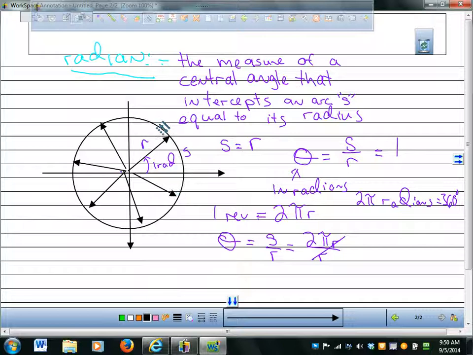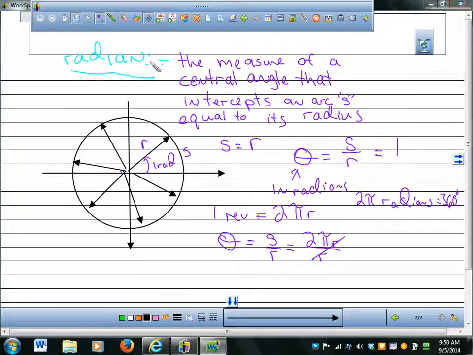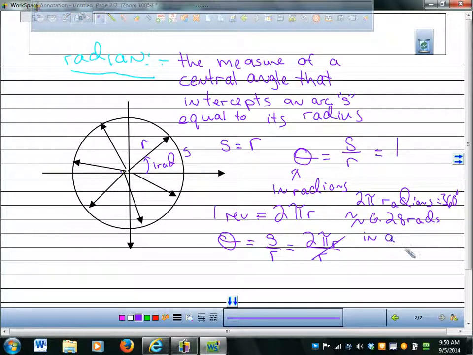So each one of these angles would represent a radian. They're not exact, but there are about 6.28 radians in a circle, in 1 revolution. Okay?